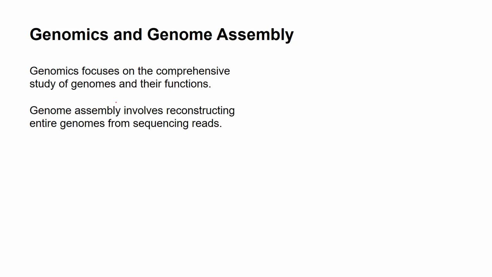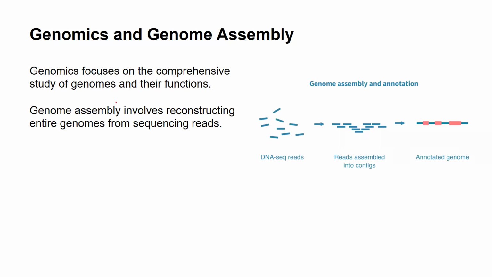Genome assembly involves reconstructing the entire genome from sequencing reads. What happens in genome assembly and annotation is that you have DNA sequence reads, and you use those reads to reconstruct the entire genome. As we can see, these are different DNA sequence reads, and the different reads are now reassembled.